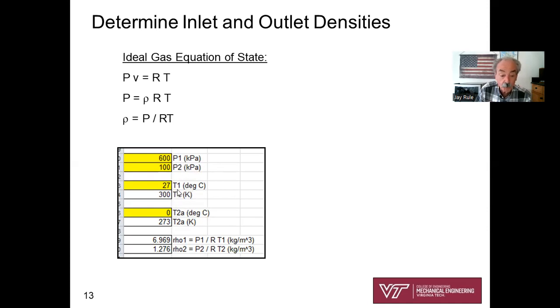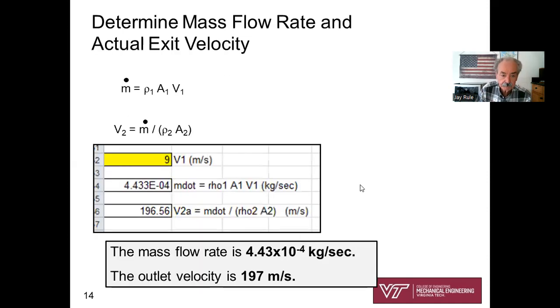We need to transform our temperatures into absolute temperatures. We'll add 273 to our degrees C. And then straight plug and chug: rho 1 is 6.97 kilograms per cubic meter, and rho 2, lower density, 1.28 kilograms per cubic meter. Pretty straightforward. So we got our rho values.